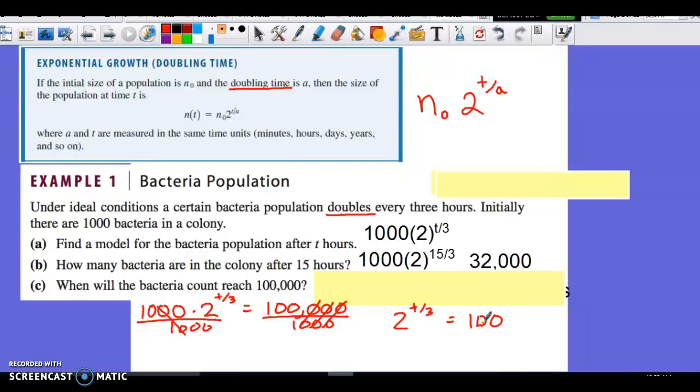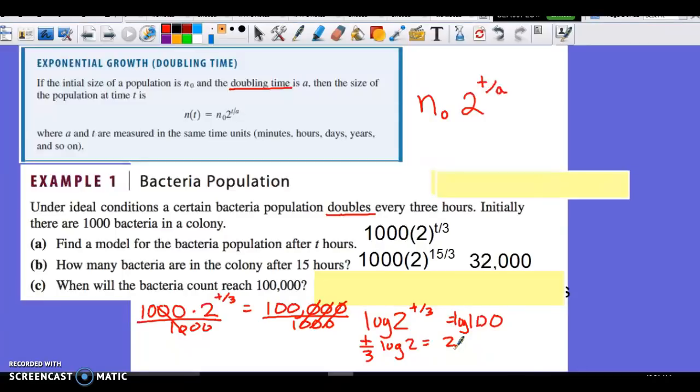Anytime you have a variable in your exponent, you want to take the log on both sides, or ln on both sides. So I'm going to do log. That allows the t over 3 to come down. And I actually know that log 100 is 2. Now I'm going to solve for t.